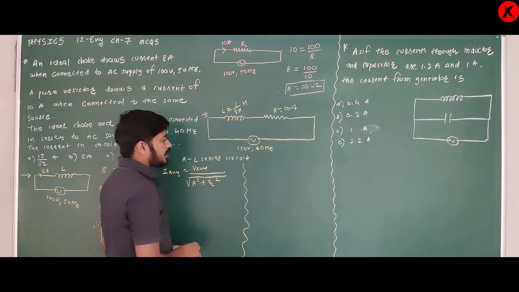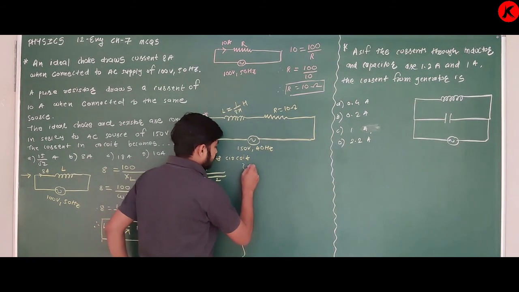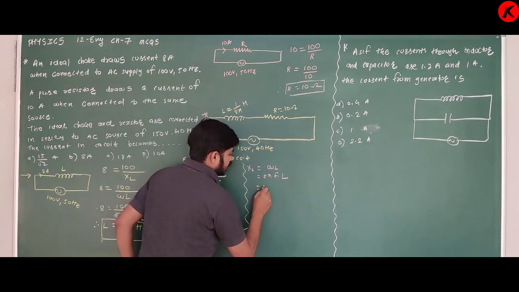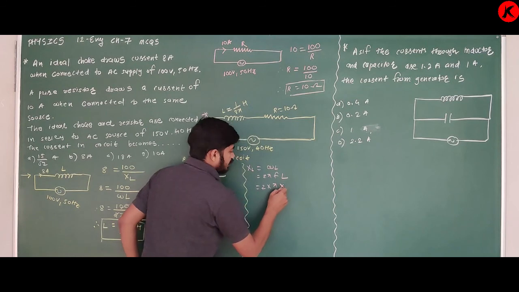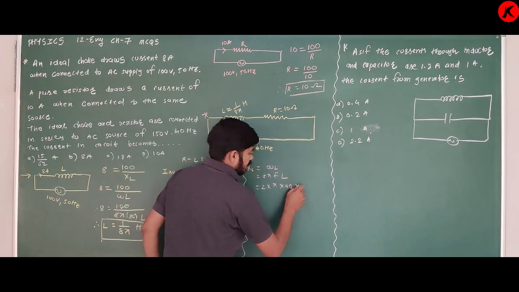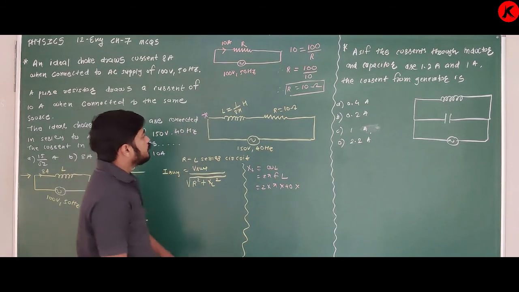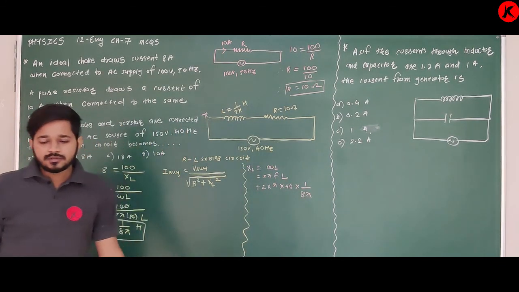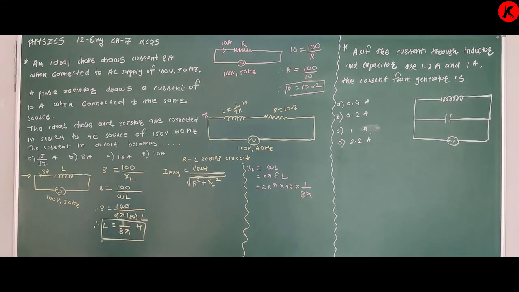So first I will find XL. XL is equal to omega L, which is 2 pi F L. Now the new frequency is 40, and L is 1 upon 8 pi. Clear about this? So that is the value of XL.